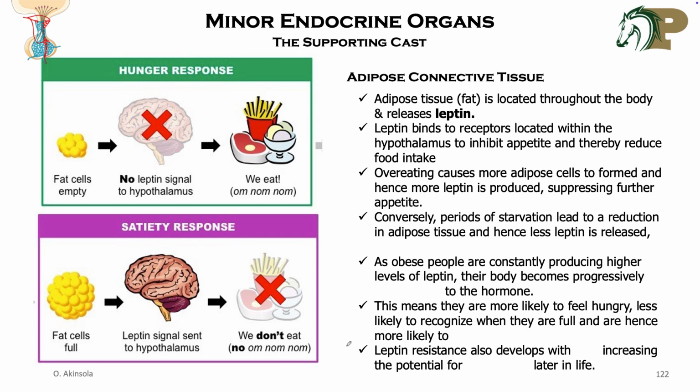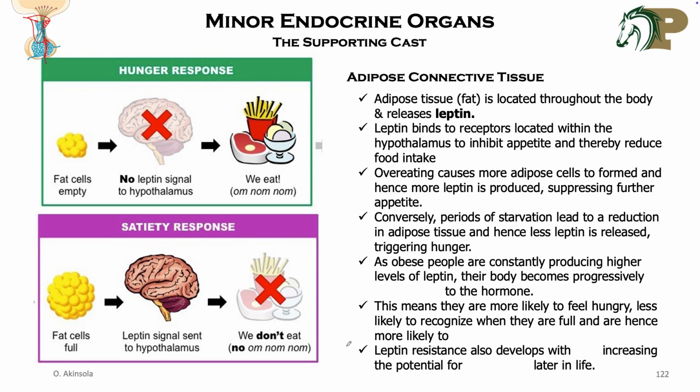If there is no leptin signal, then that is going to promote hunger and eating as a result. Conversely, periods of starvation will lead to a reduction in adipose tissue, and hence less leptin is released, triggering hunger. So again, leptin is absent, you get hunger. Leptin is present, you are satisfied.